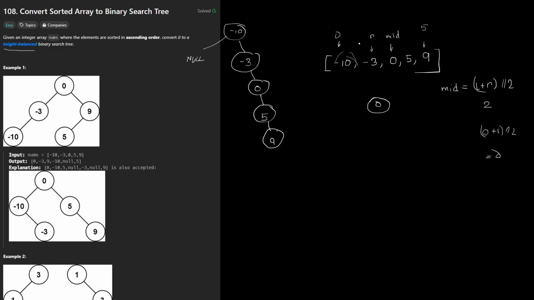After that, if I shift it again, I cannot, because I have to give a base condition where if L is greater than R, we have to return. This would be our base condition.